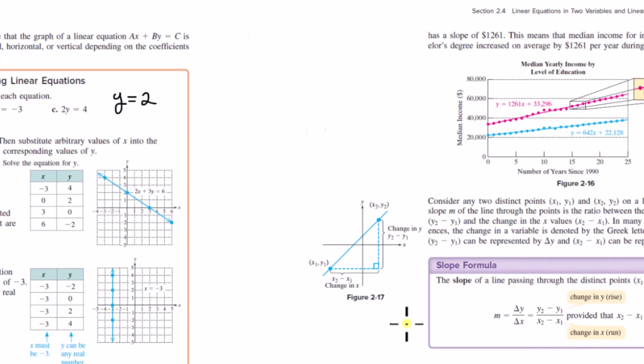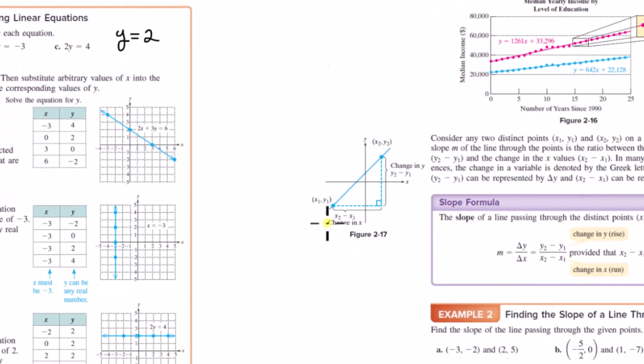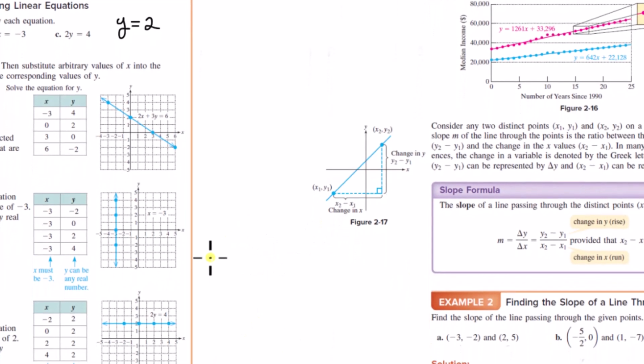If you have the coordinates of 2 separate points on any line, then the slope of that line, m, which in general is the change in y divided by the change in x, right? As you walk along that line, what's the ratio of the change in output per change in input?